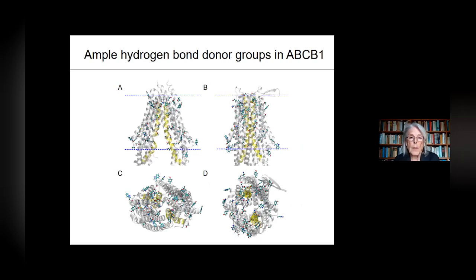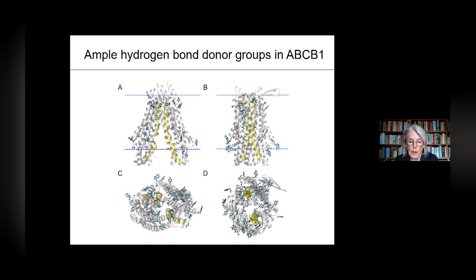Here is a transmembrane part of the P-glycoprotein. You see very many hydrogen bond acceptor groups in these transmembrane helices. Surprisingly, and this always intrigued me, they look very much to the outside, not so much to the small channel.